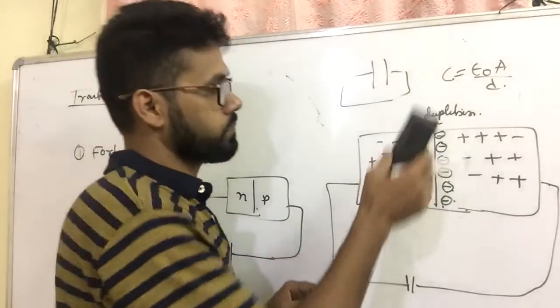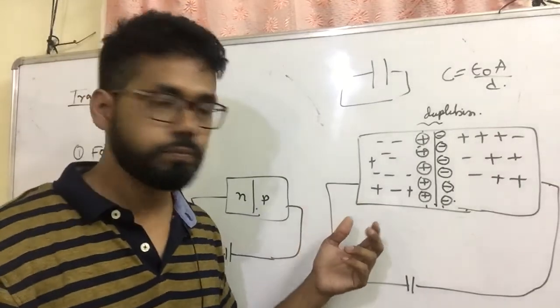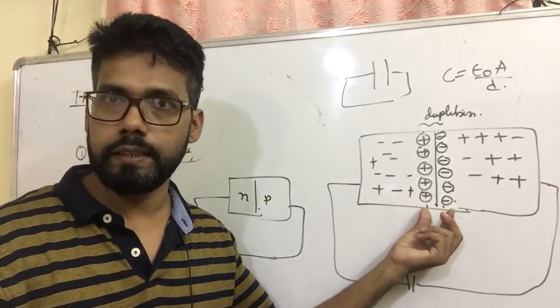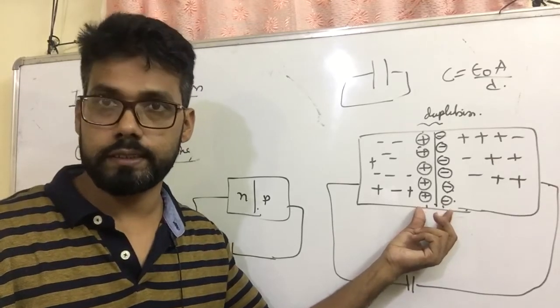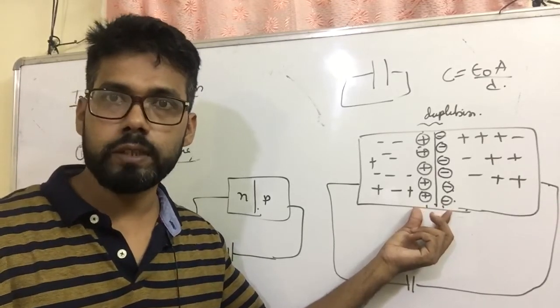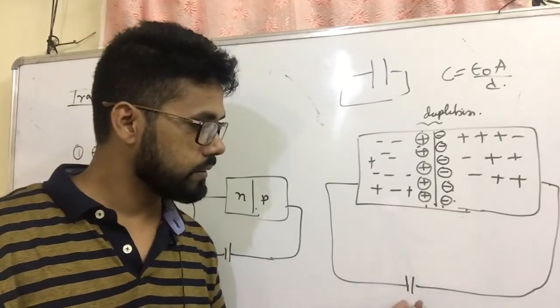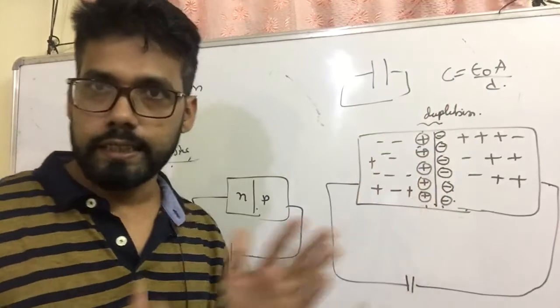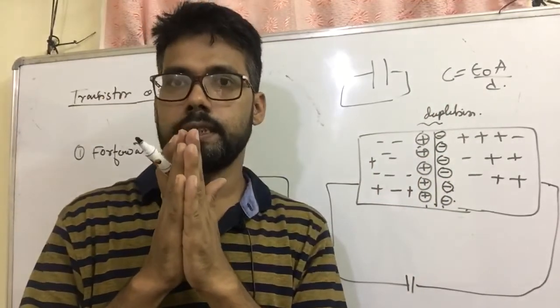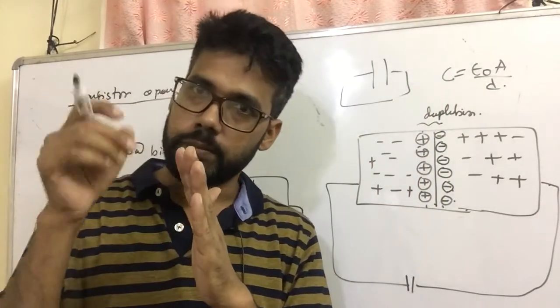Now this looks like a parallel plate capacitor, and the capacitance will create a voltage. That voltage opposes the movement of electrons. If we reduce the depletion region, that means more electrons can jump from this side to this side.